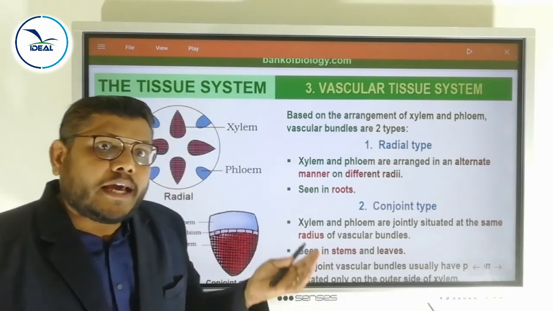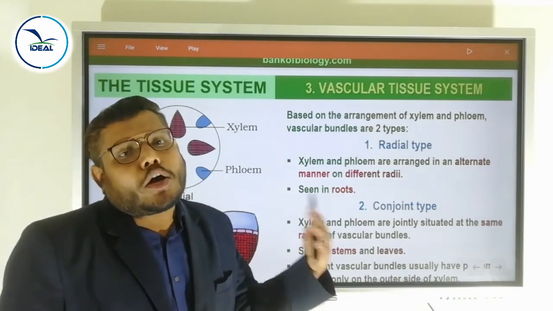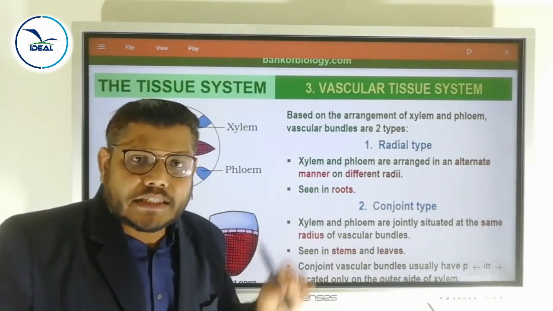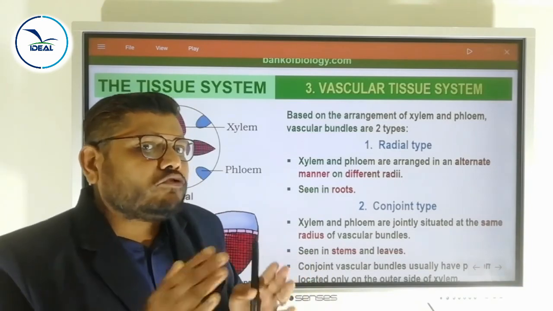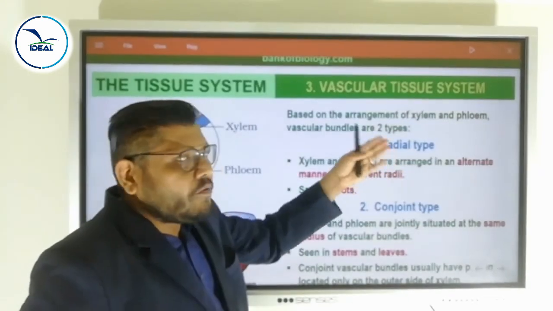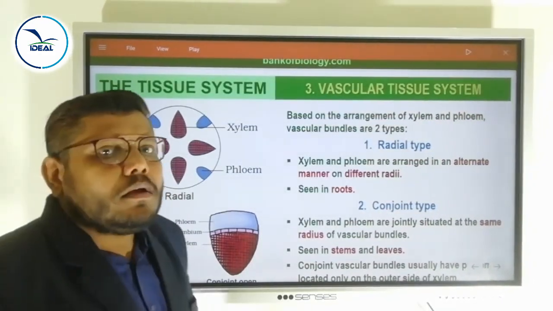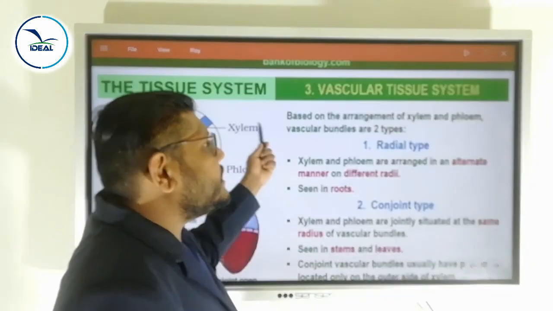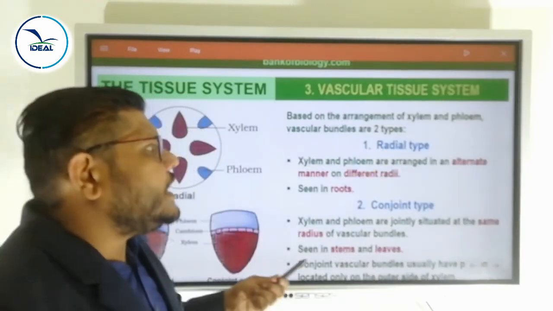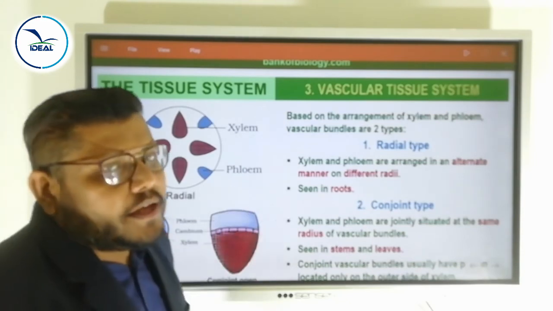Conjoint type, dicot stem, open vascular bundle; monocot stem, closed vascular bundle. That is the difference. But the conjoint vascular bundle can be seen in where? Stem. In all the roots, what type of vascular bundle? Radial type vascular bundle. On what basis is this classification? Based on the arrangement of xylem and phloem in vascular bundle, there are two types, radial type and conjoint type. Is it clear?